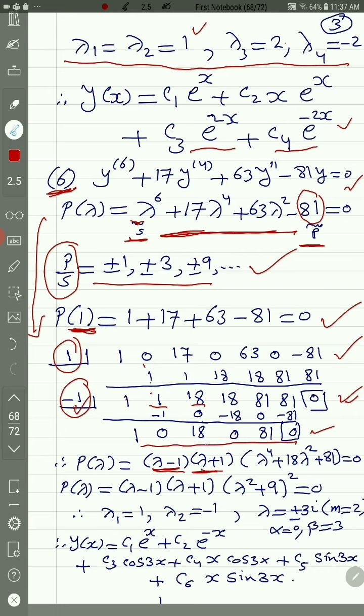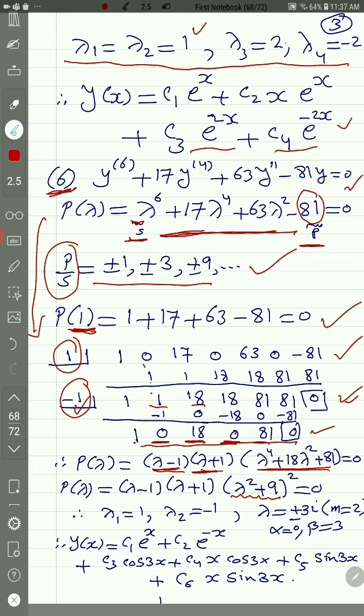See? What about this? Since there are many zeros here, I thought it can be factorized. You see? So it will be lambda to the 4 plus 0 lambda cubed, there is no lambda cubed, plus 18 lambda squared plus 0 lambda, there is no lambda, plus 81. So this is it here. And this can be factorized to this one.